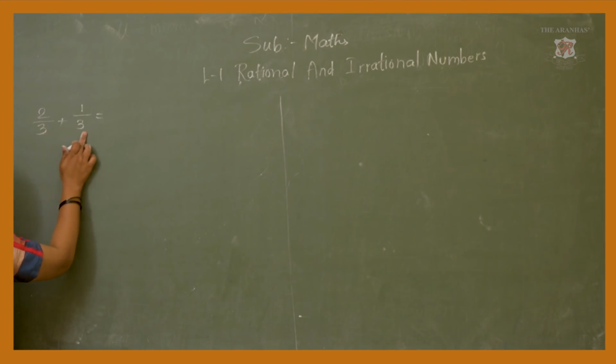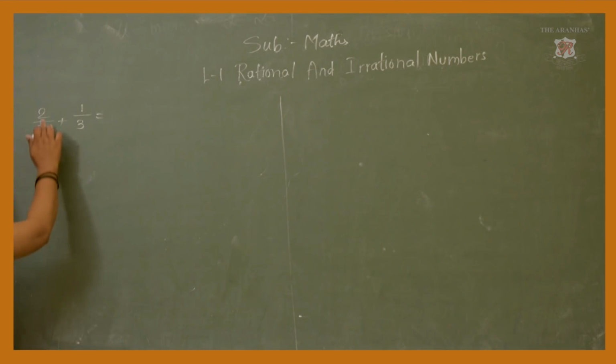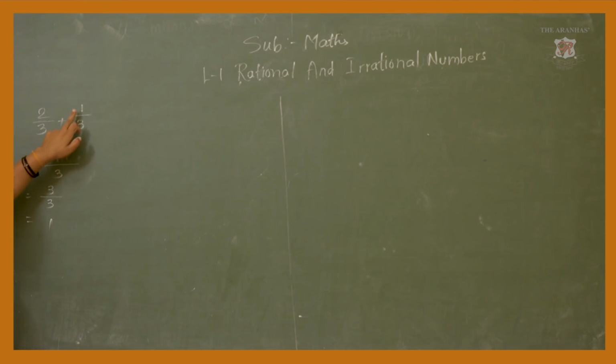The denominator is the same, isn't it? So, add the numerators. 2 plus 1 upon 3 is equal to 3 by 3, which is equal to 1. That means in between 2 by 3 and 1 by 3 there is a rational number 1, isn't it?